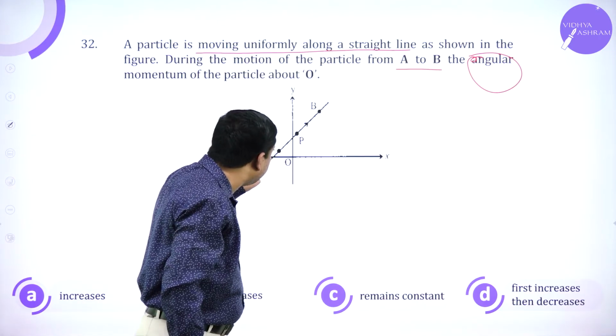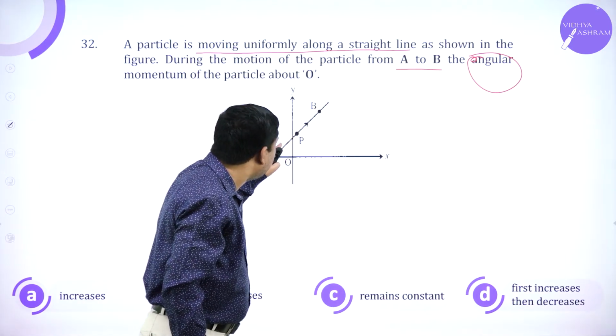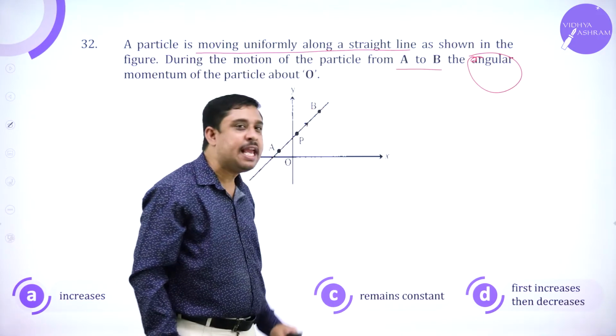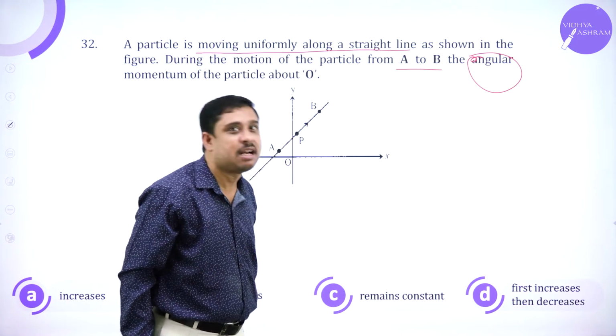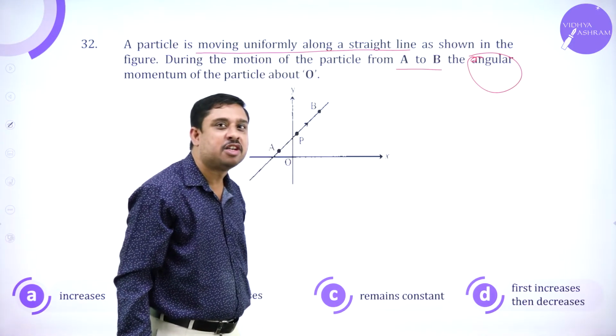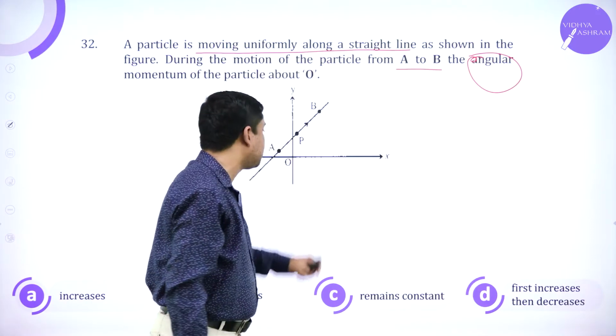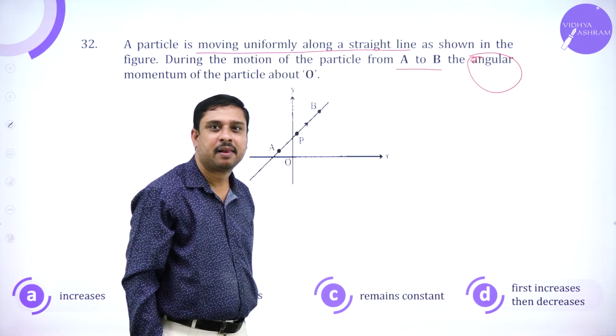The particle is traveling from A to B along a straight line. But I have been asked to calculate the angular momentum of the particle.